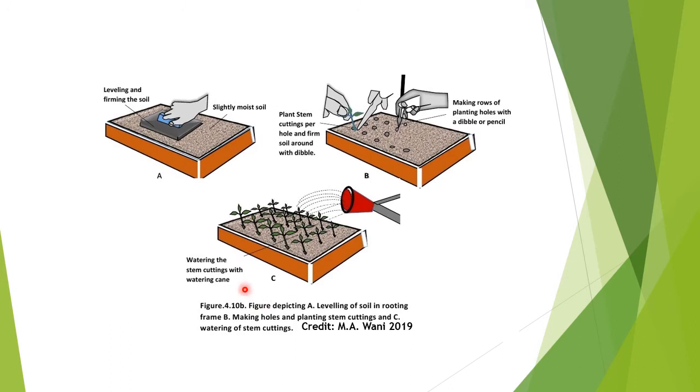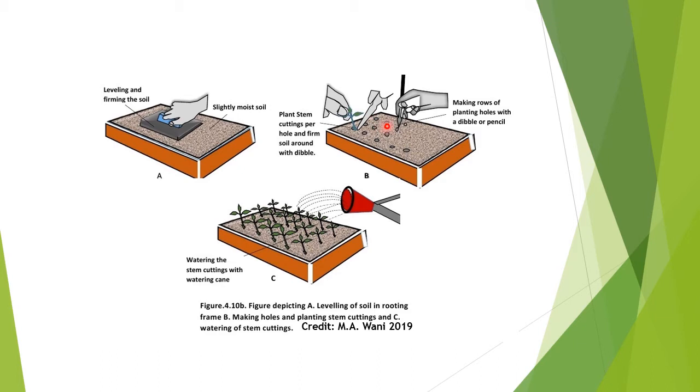This is how you take the rooting frame. You are slightly moistening the soil, and then leveling and firming the soil. It is filled up with the soil, you level and firm it, and slightly make it moist, and then with the dibbler or with the stick, you make holes in rows.